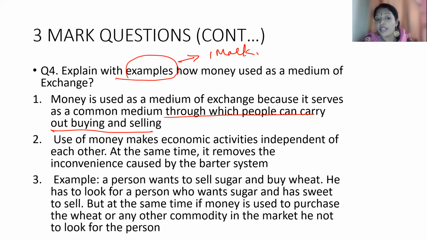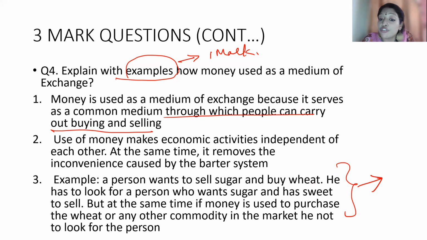Again, it's the same point, but here they are asking for the example. The example can be anything from your end. You can give your own example also, or a person wants to sell sugar and buy wheat. This is a simple example of the problem of double coincidence of wants.